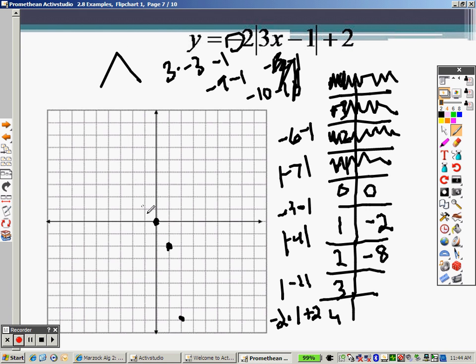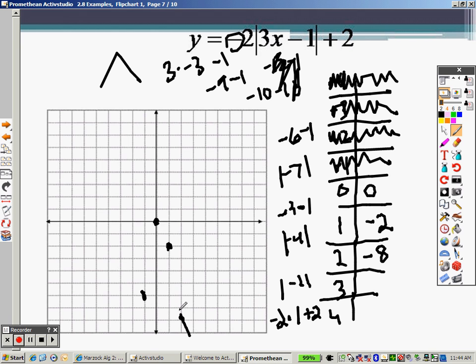Alright, so we know that, but the point is I tried plugging in a -1 already, and when I did that, that gave me -8 plus 2, -6. So -1 worked. -1, -6 is down there.